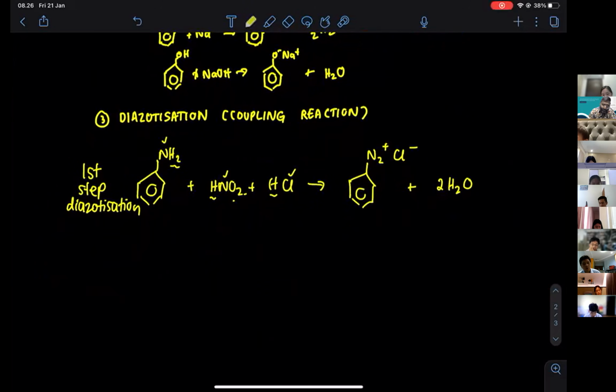Okay, so you will go to the second step of the reaction, the one that is under the reaction of phenol, which is this one.